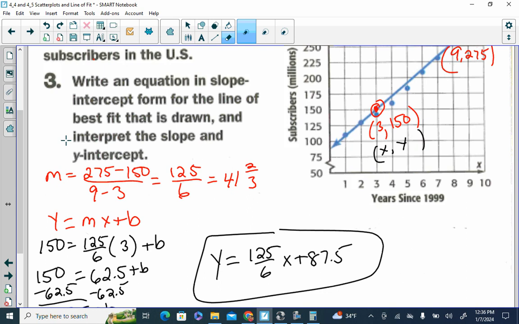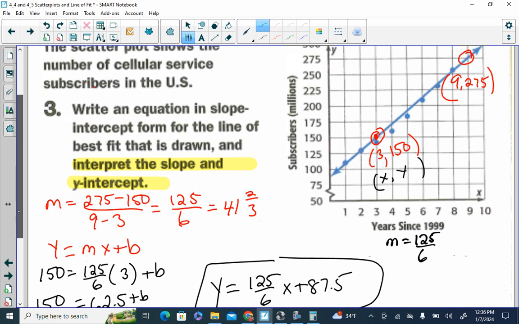Let's do that with a highlighter. It's just going to look cooler. So, I'll get my highlighter. Right, we were asked to interpret the slope and the y-intercept. So let's do that. Right, let's make some sense of what this is. So our slope, our m, is 125 over 6. Now what does that mean in the context of this problem? Well, remember, 125 is our change in y. So those are millions of subscribers. So we have 125 million subscribers, and our denominator is the change in x.